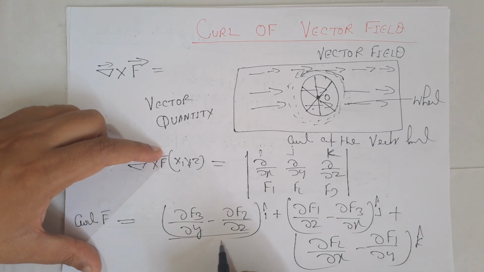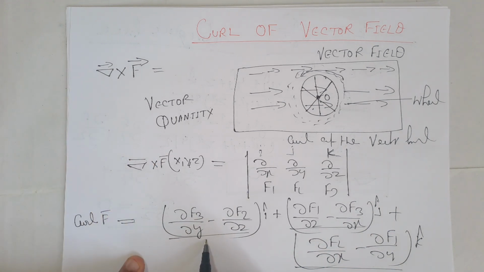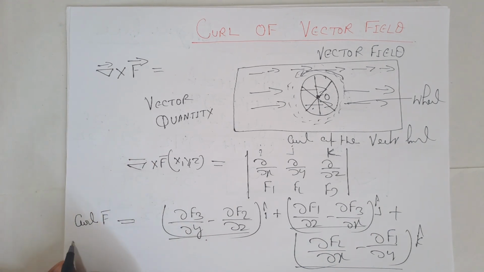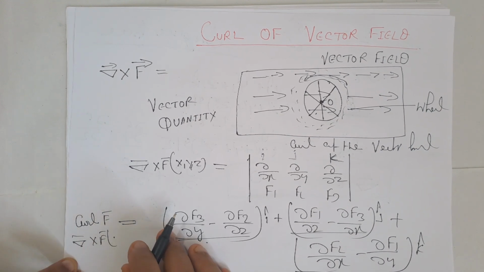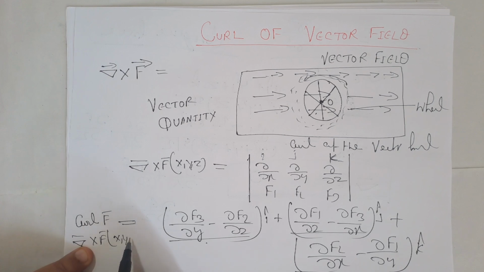So this is the x component, y component and z component. This is the formula for the curl of any vector field F.